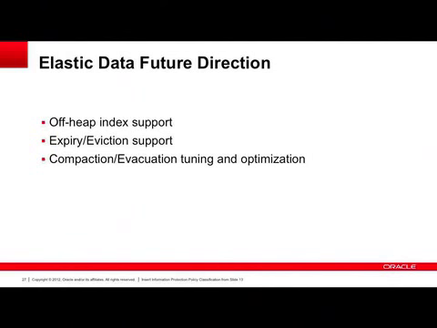We've moved the actual data, the values, off the heap. We want to start looking at some of the metadata that we hold, indexes for example, and start moving those off the heap to support better query performance. Also support for expiry and eviction-based elastic data caches, as well as further tuning and optimization of our GC compaction algorithm.